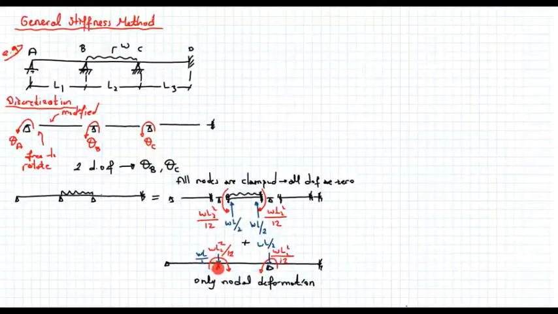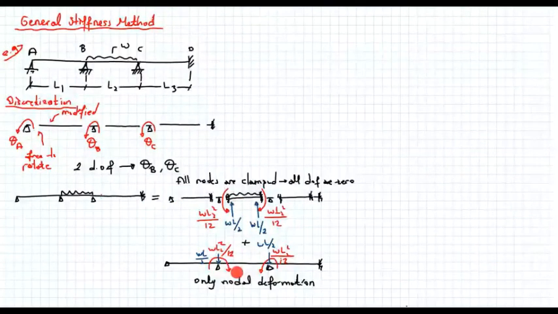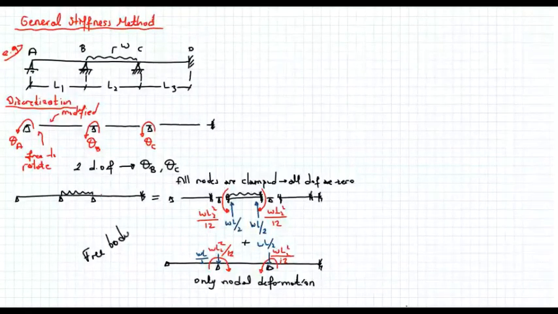And as you see, all these forces that I show here cancel each other. What I'm doing is nothing but a superposition. And I'm separating this structure into these two parts. Okay, so these are the force parts. These are the free body diagrams. So let's draw the free body diagrams in two steps.